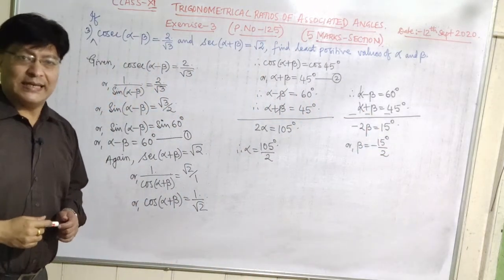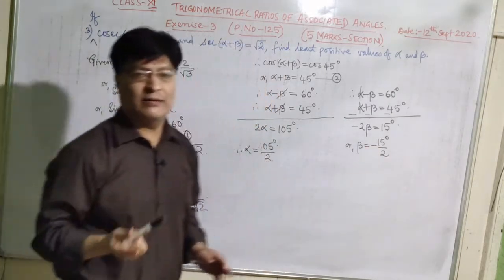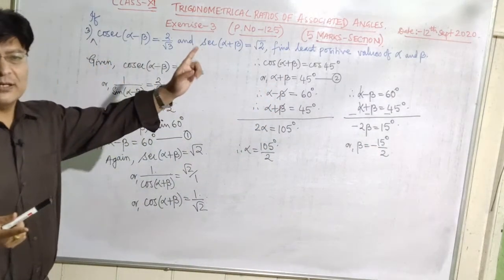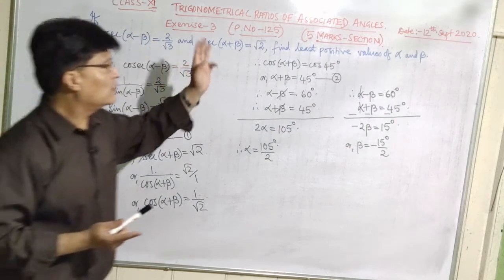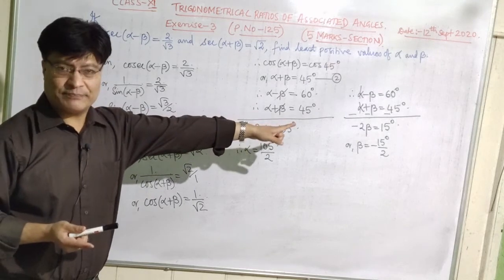But in this case, we are getting beta as a negative angle. But in the question it is given that you should get positive values of both alpha and beta. So this is not correct.